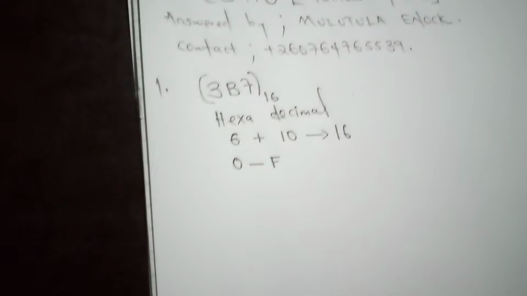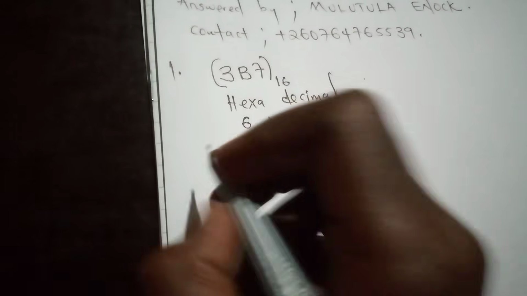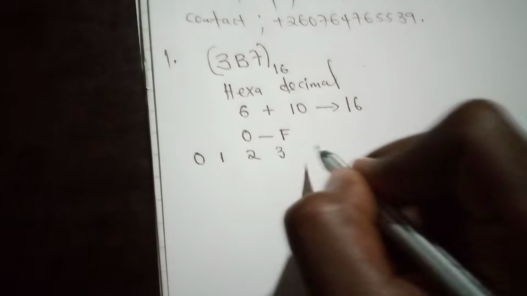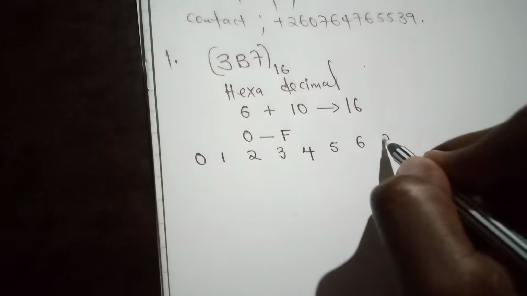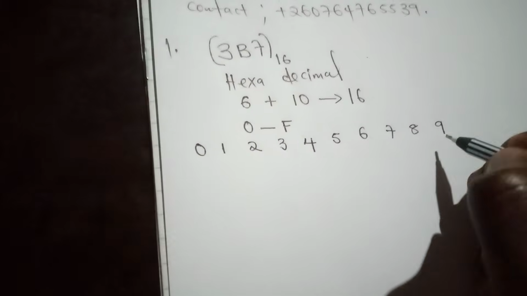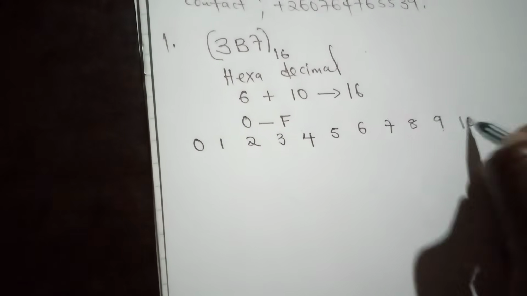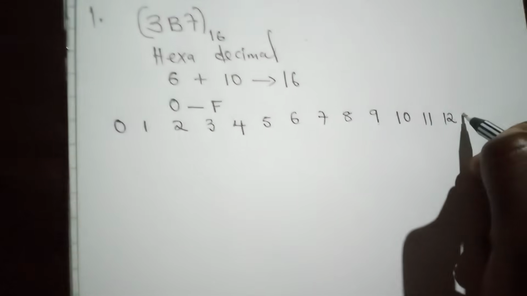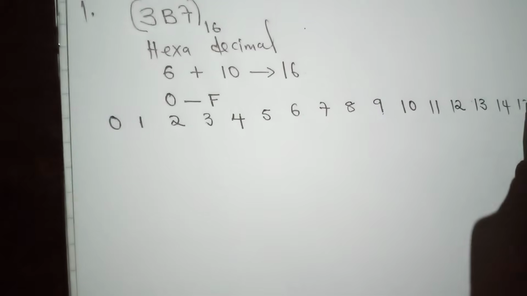What does it mean? The range of numbers starts from 0, 1, 2, 3, 4, 5, 6, 7, 8, 9. After 9, the number that follows is 10, 11, 12, 13, 14, 15.